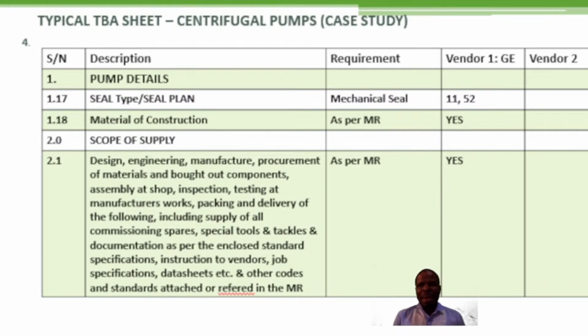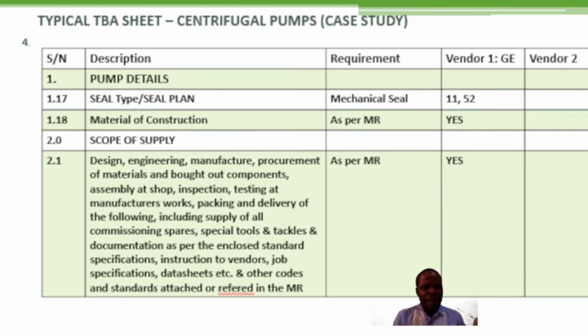Now, what is the material of construction? Because you must have stated this in your MR. Now, is the material of construction in line with what is stated as per your MR? If it is yes, you write yes for the respective vendor. For vendor 1, for vendor 2, for vendor 3. Then you look at the scope of supply, the design, the engineering, the manufacture, the procurement of materials, the bought out equipment, the assembly at shop.